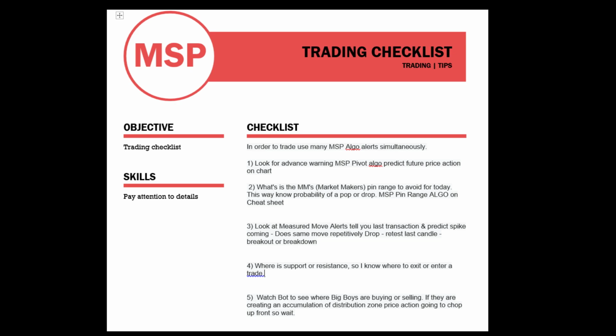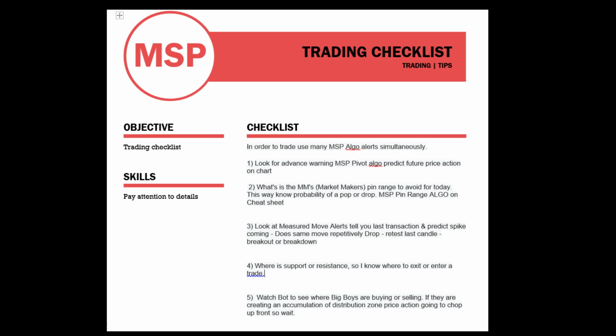So we have two things that told us what the future move's going to do, and so that was the MSP Algo pivot. So we want to look at the charts, screen our charts, hourly, 4-hour comparison. Could change those time frames. Because we want to try to get bigger moves, especially for people that do swing trading or longer trading. If you just do little in and out scalps, you may want to use a smaller time frame.